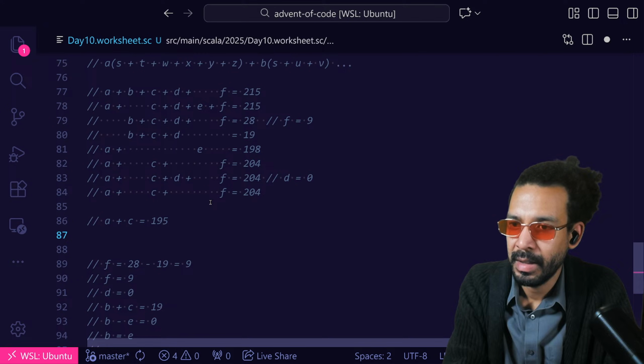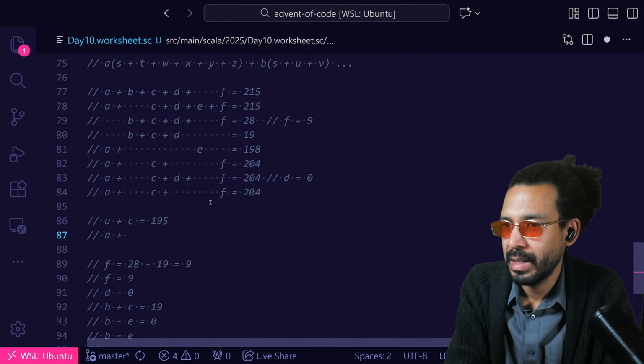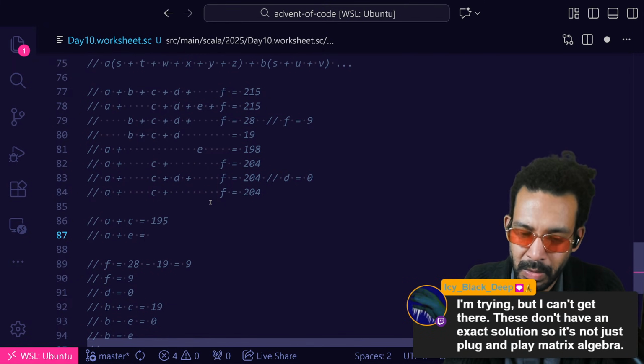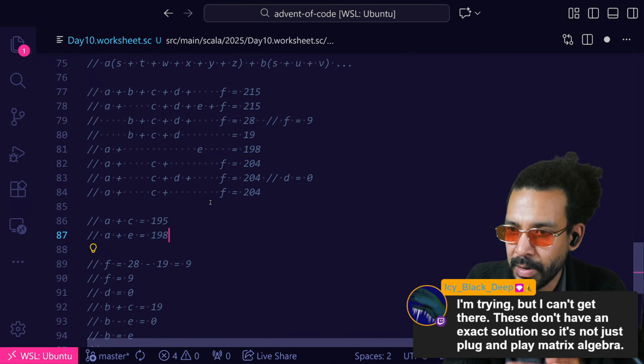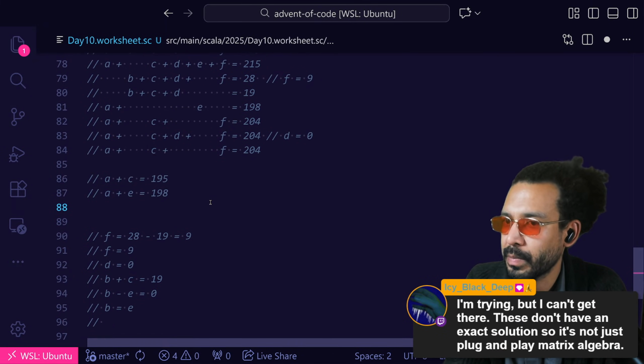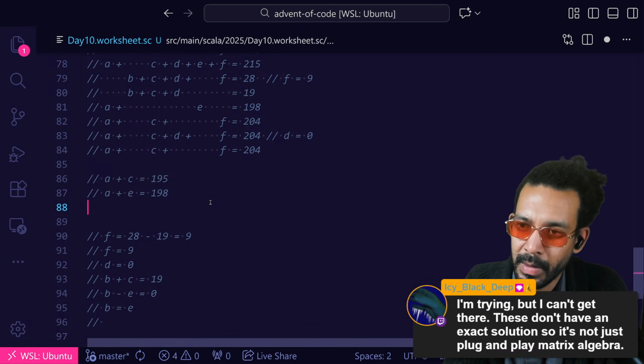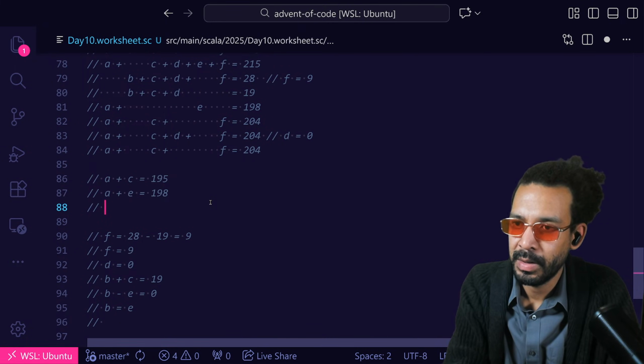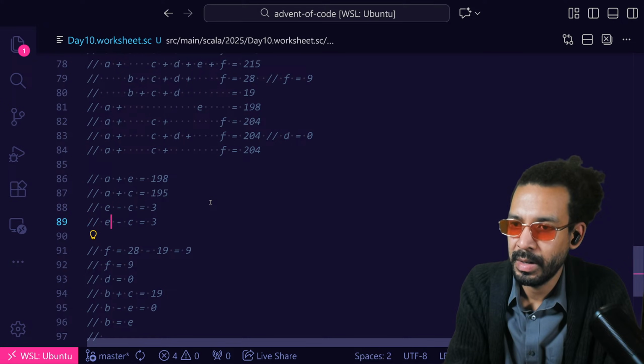And we have A plus E equals 198, right? So we can subtract one from the other. We have E minus C equals 3, or rather, E equals C plus 3.